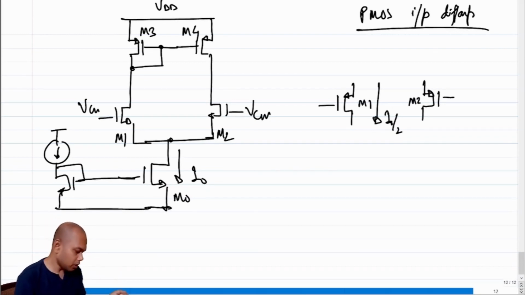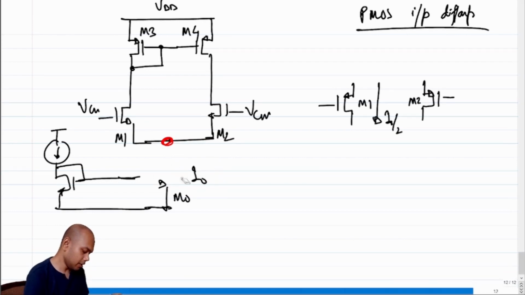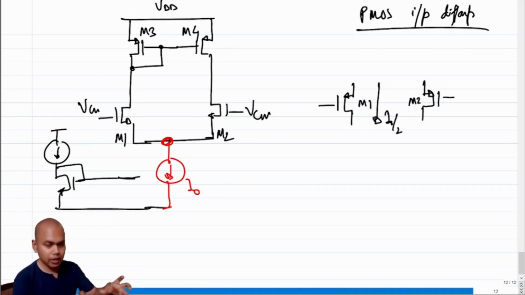Correct? So in the case of the NMOS equivalent, what is connected to the source? We have a current source connected to the source. This is an I0 connected to the source, right? I am sinking current out of the source.